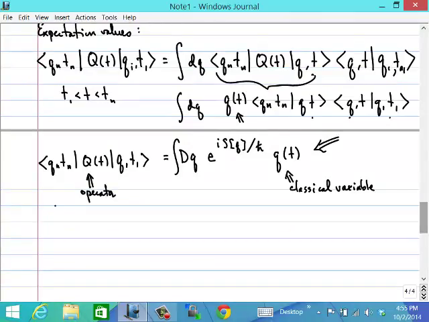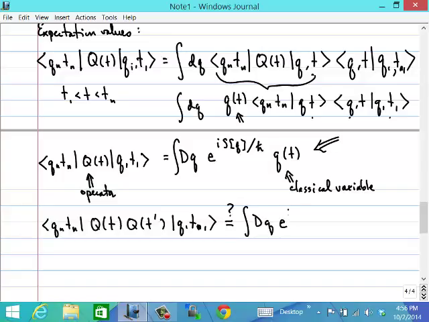Okay. So what happens if you want to compute something more complicated? What happens if you want to compute, say, the matrix element not of 1 power of Q, but 2 powers of Q? Okay. Well, naturally, you would expect this, based on our previous discussion, to be something like the path integral, where you now insert both a q(t) and a q(t prime).